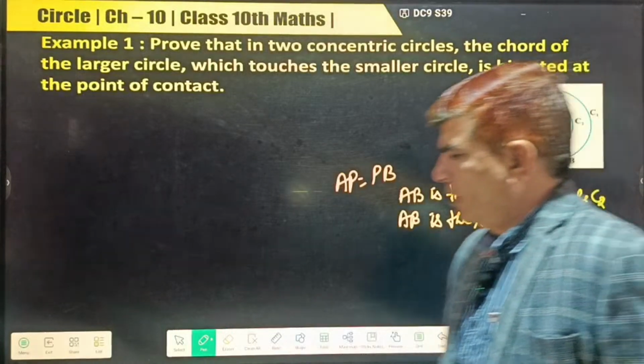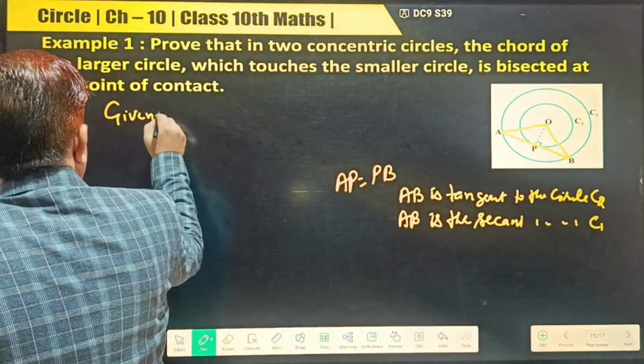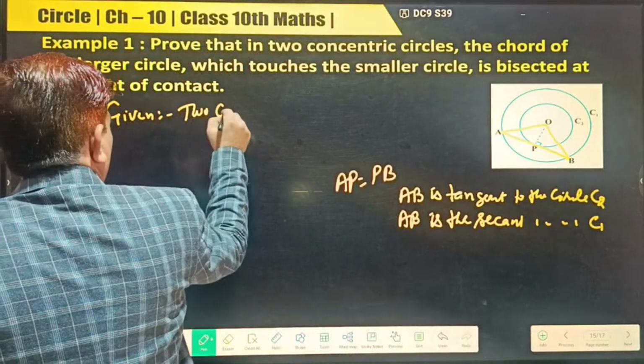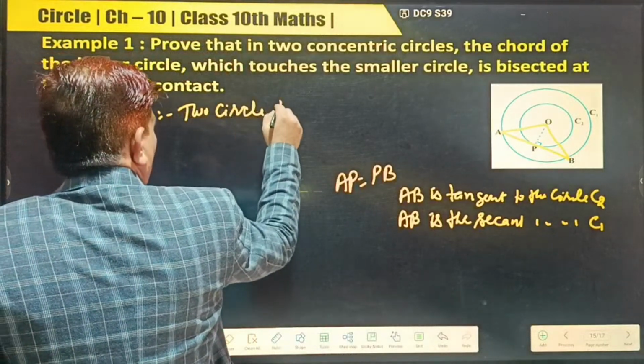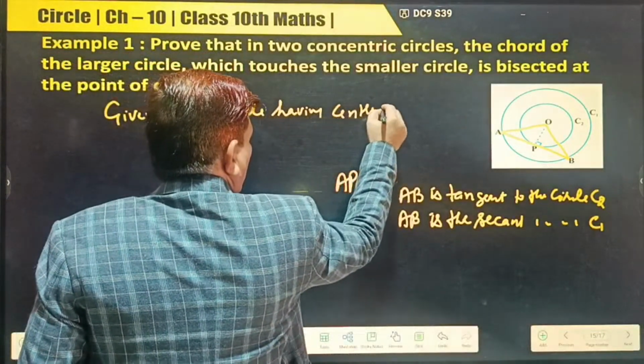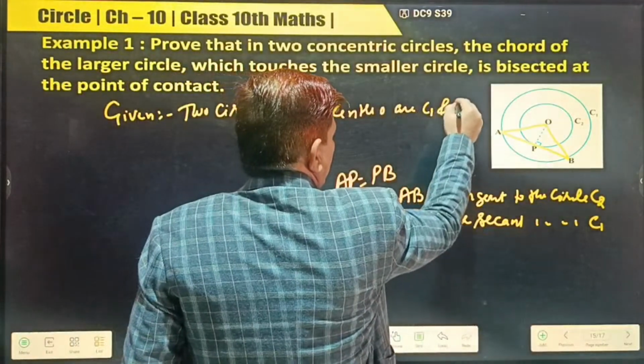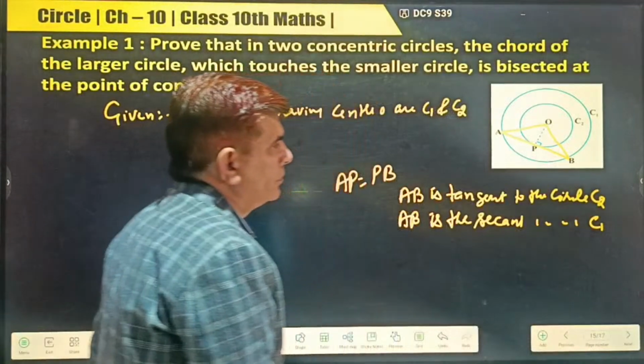Understood? Given, you can write, what's given? Two circles having center O are C1 and C2.